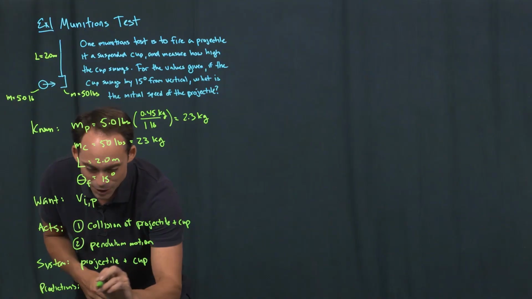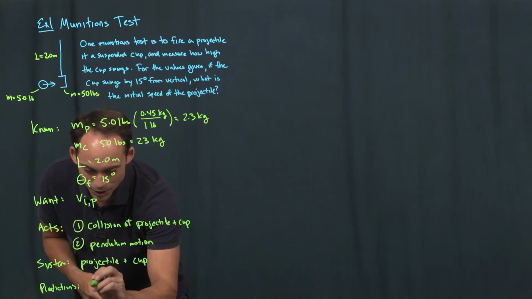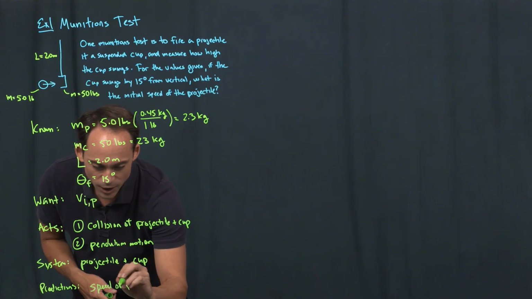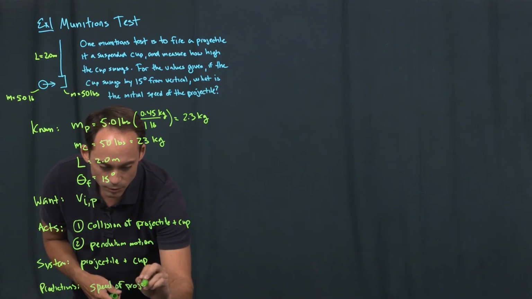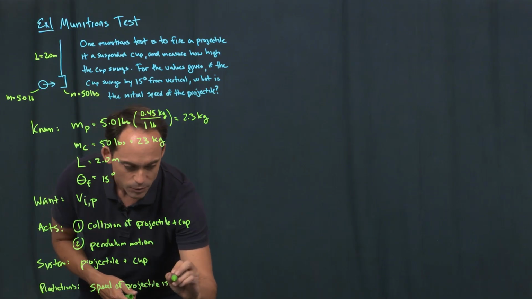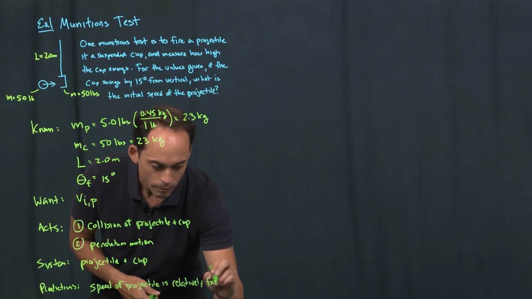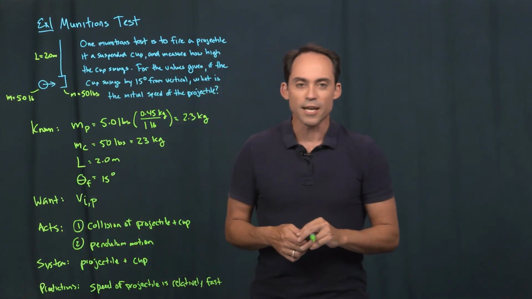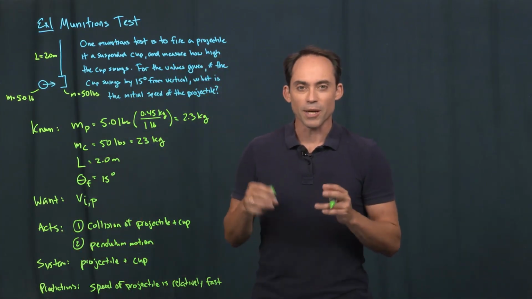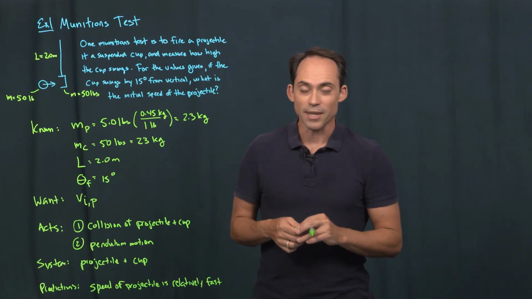So this is a very vague prediction, but I'm going to guess that the speed of the projectile is relatively fast. And that's a little bit qualitative, but at least gives us some idea of where we would expect our number to head at the end.